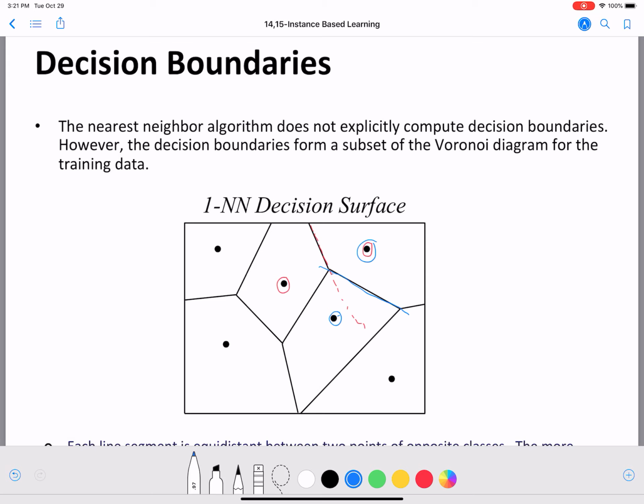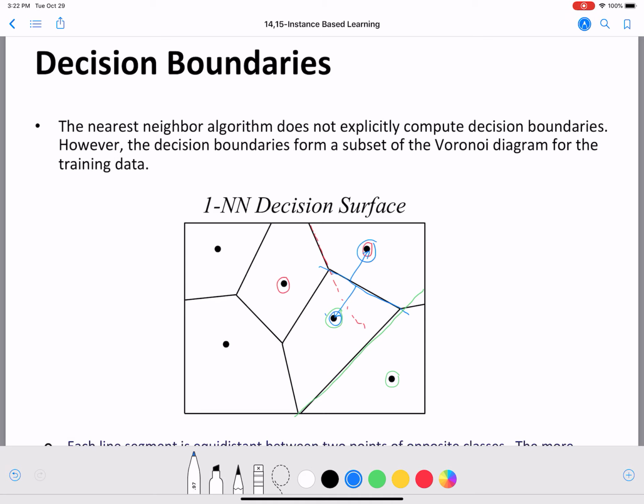And so on. So all these lines are equidistant from one pair of points. So this blue line is equidistant from the points marked as blue. So these lines together form this complex decision boundary.